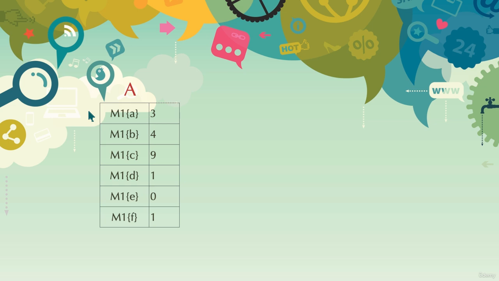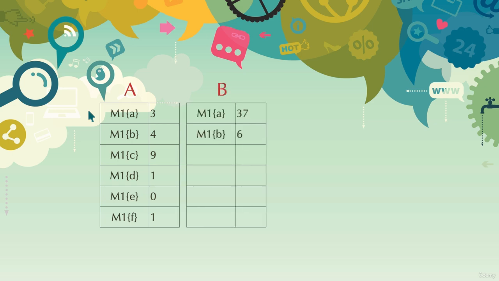Imagine we have an instant vector called A, and the items are M1A, M1B until M1F. So they have the same metric name, but they have different labels and they have different values as well. Now we have another instant vector with 2 rows in it, 2 items, and the metric names are M1, labels are A and B, and the values are 37 and 6.